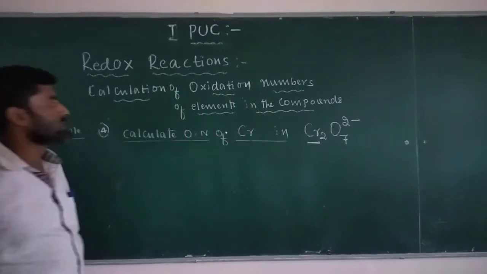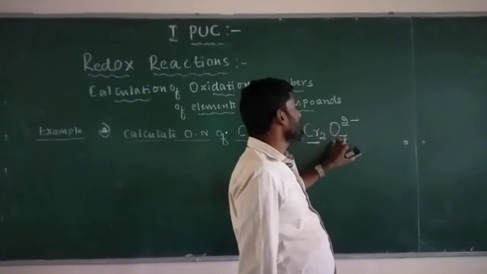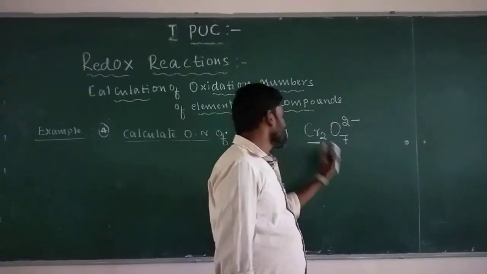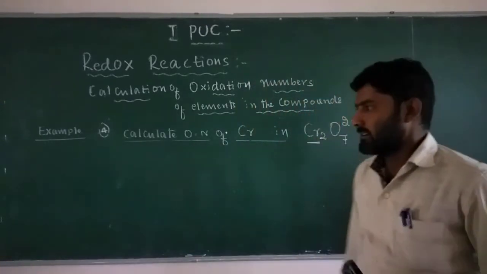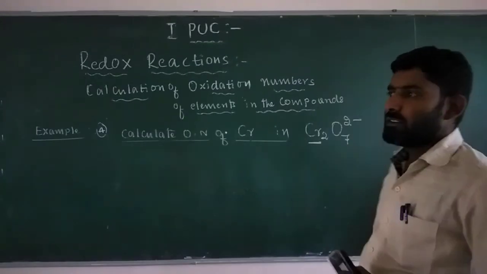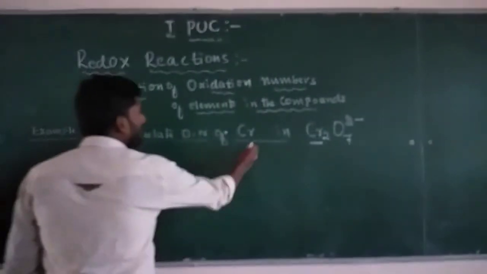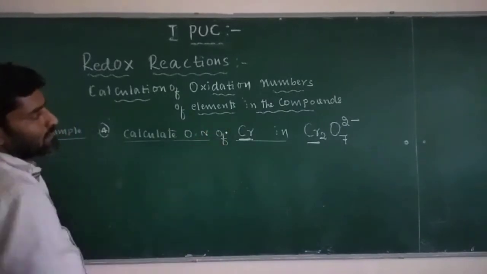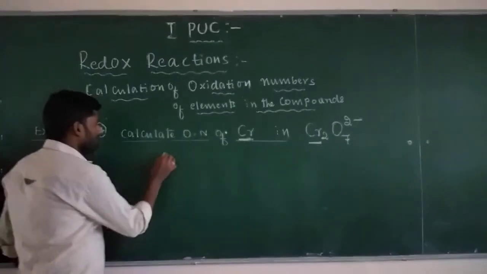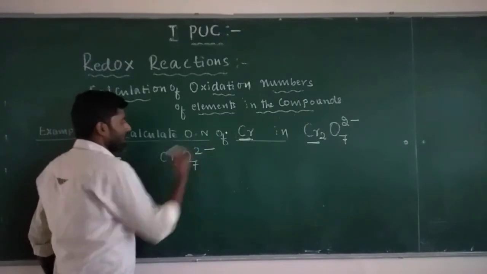Cr2O7 2 minus ion is called the dichromate ion. So we have to calculate the oxidation number of chromium in the dichromate ion. So the given ion is Cr2O7 2 minus.